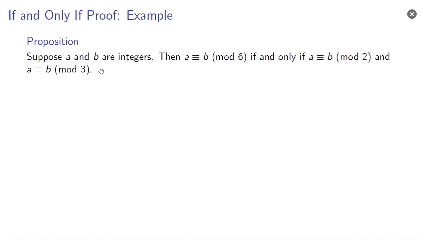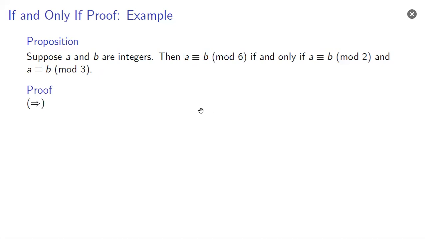A is congruent to B mod 6, if and only if A is congruent to B mod 2 and A is congruent to B mod 3. So we have to prove two things. We have to prove, first of all, that if this, then this. And we also have to prove that if this second part, then the first part.